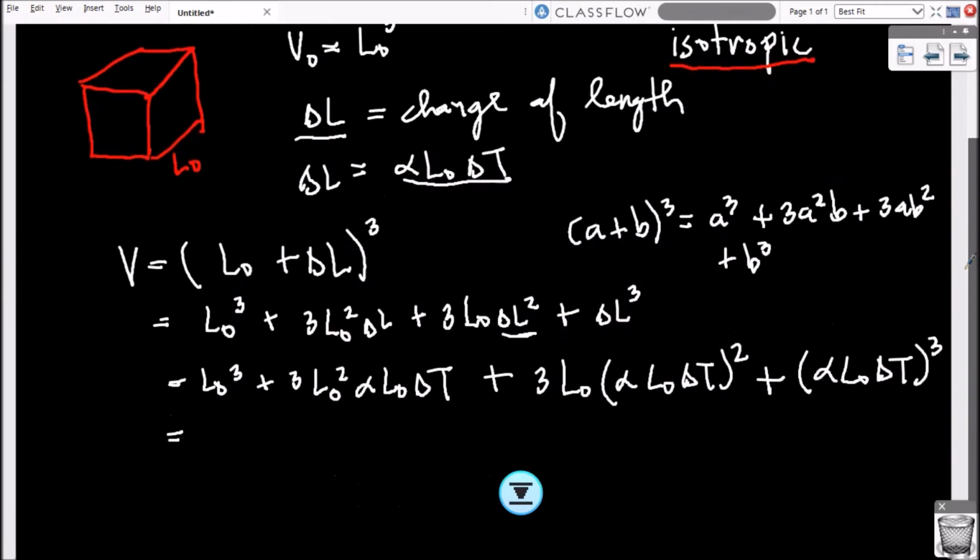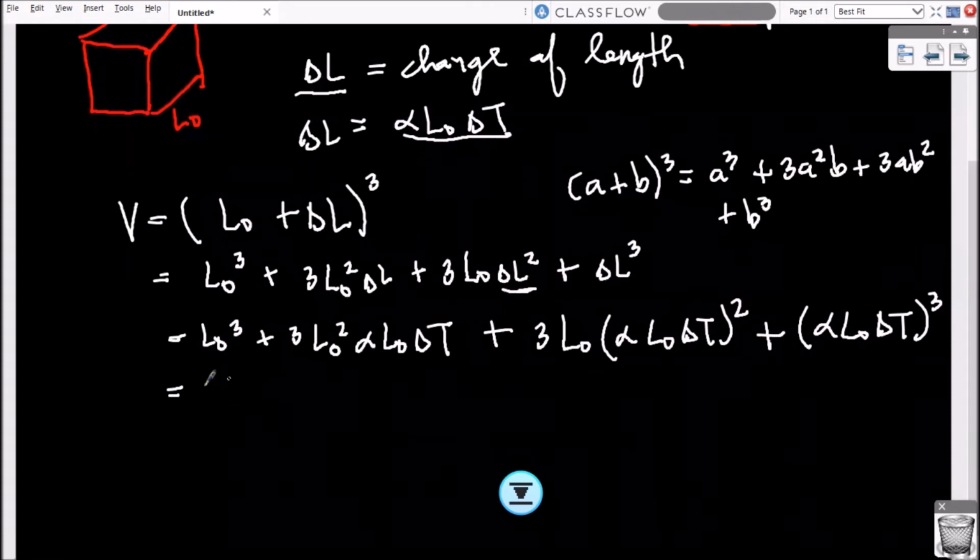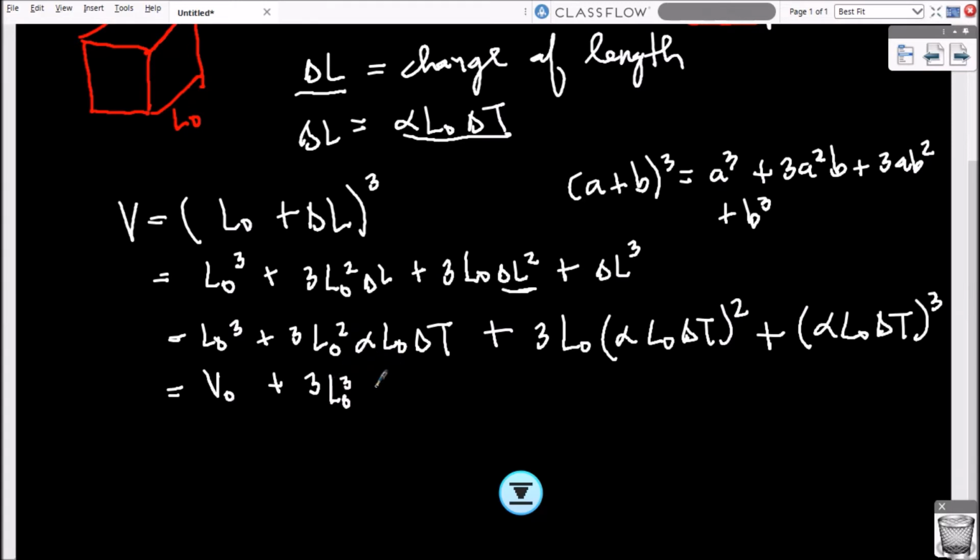So we'll replace L of O cube by V of O plus 3 times L of O squared times L of O. That's L of O cube, then alpha delta T plus 3 L of O times L of O squared, since we raised this to the power of 2.